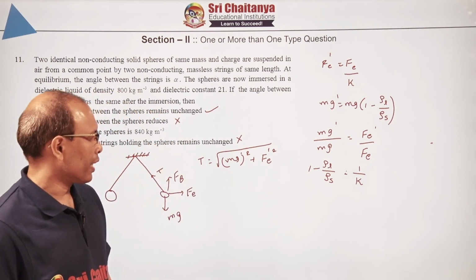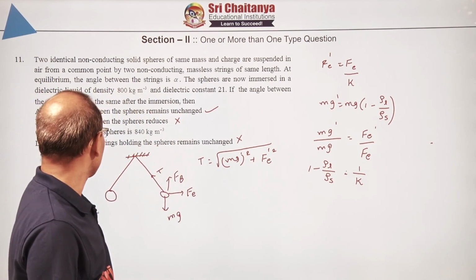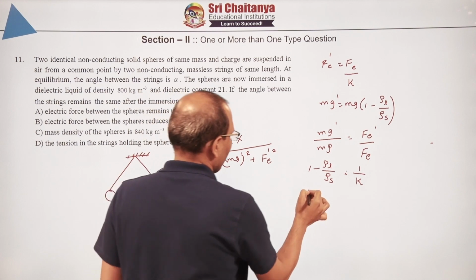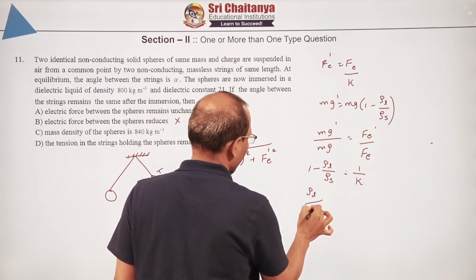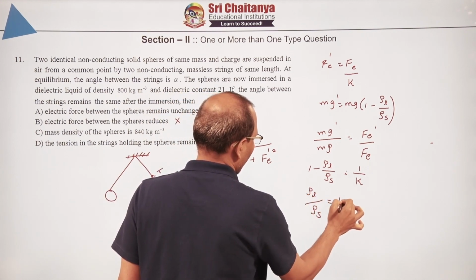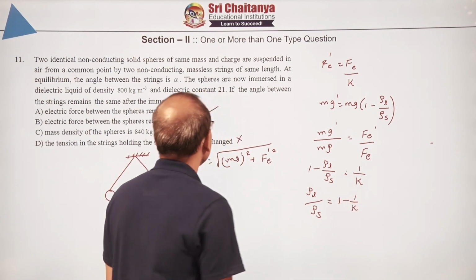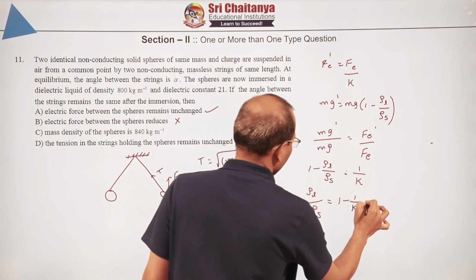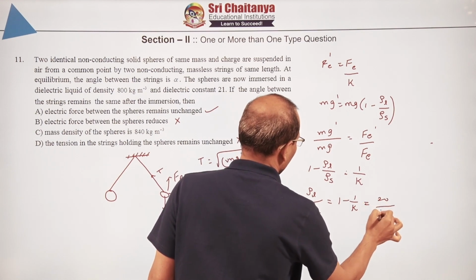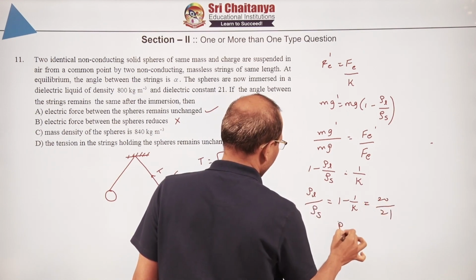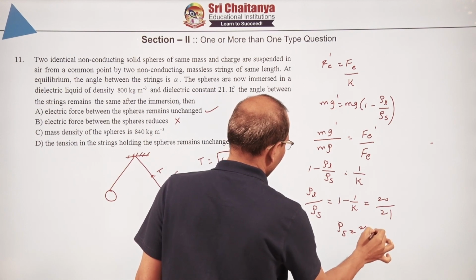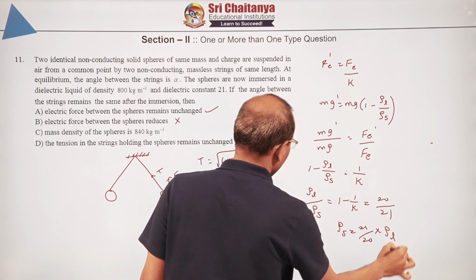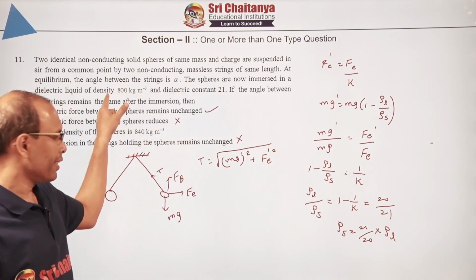Now what we want to calculate is the density of the sphere. So rho L by rho S is 1 minus 1 by K, and K value is given as 21. So this is 20 by 21. Then the density of solid will be 21 by 20 into the density of liquid, which is given to us as 800.